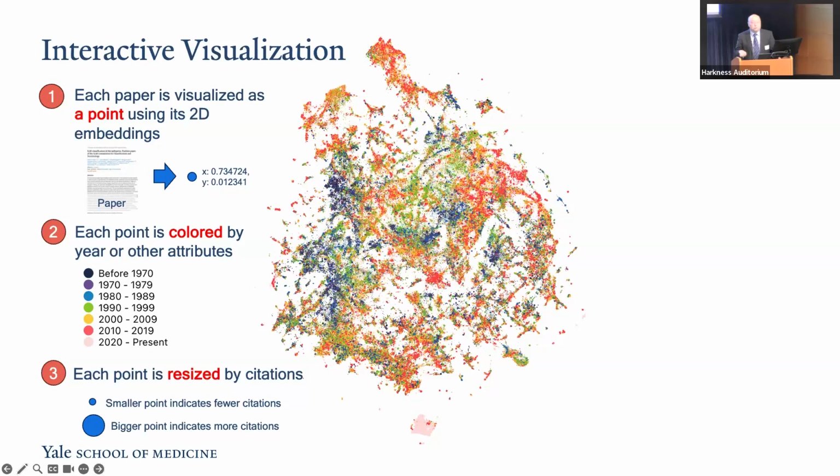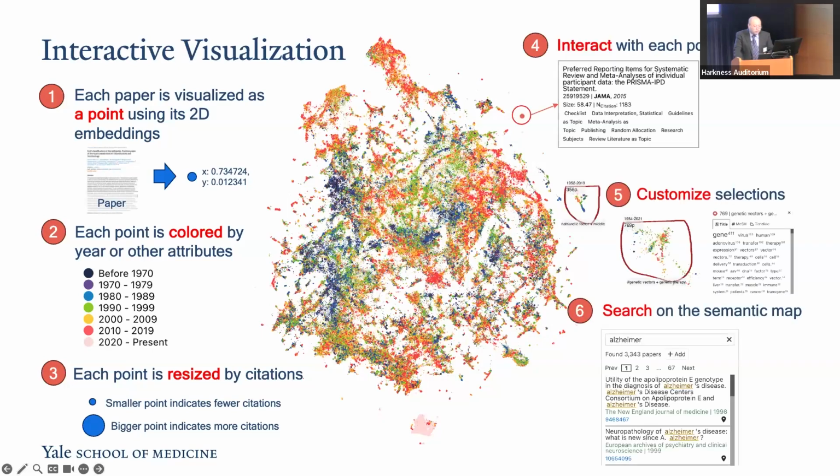Each point's size is its number of citations, so a bigger point on this map represents a paper with more citations. In this way, we can visualize all the papers on one map, and then we can get an overview.